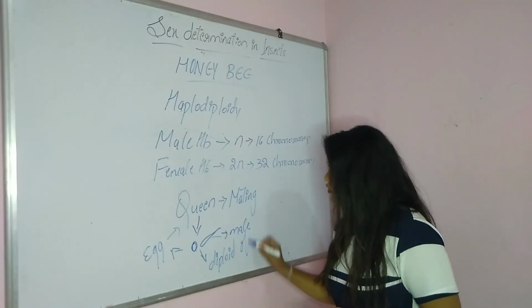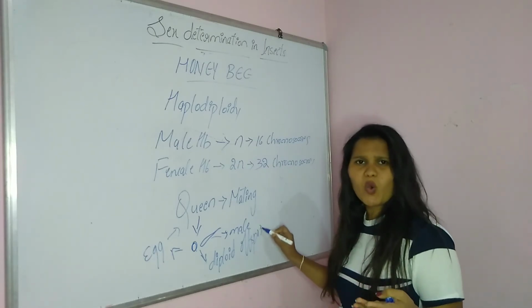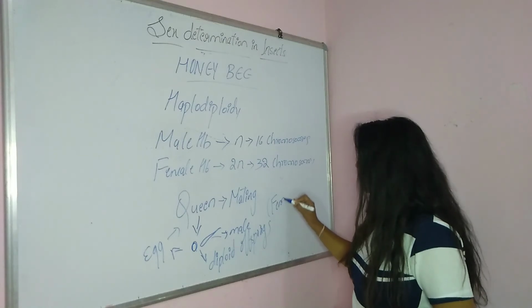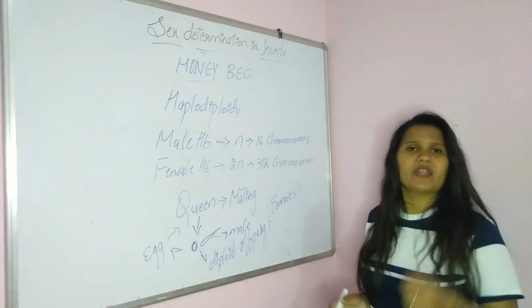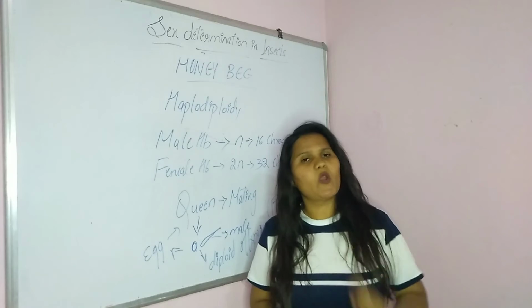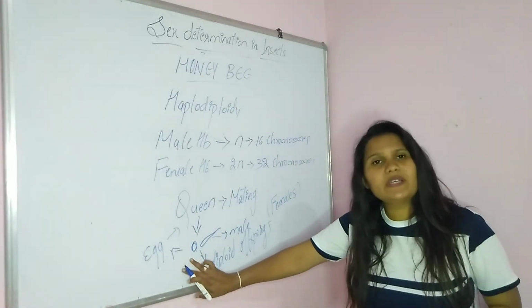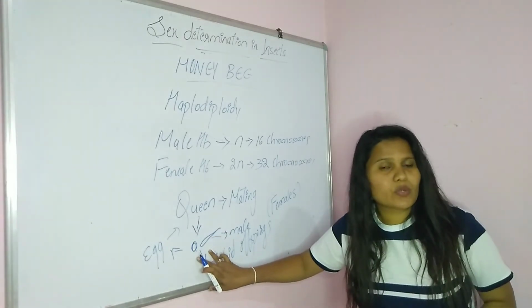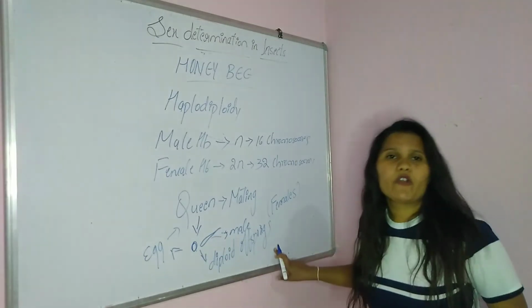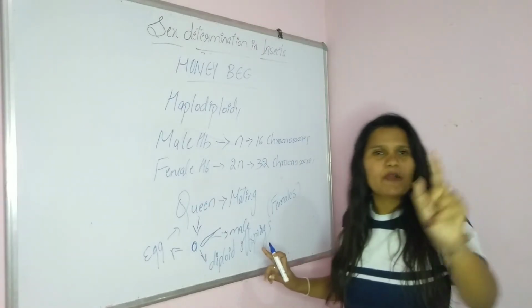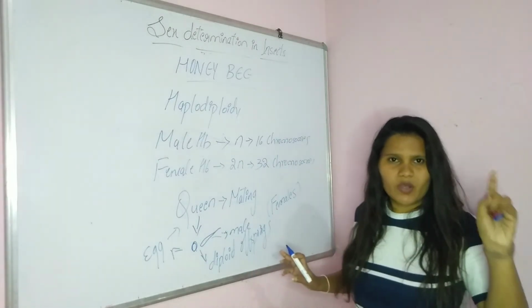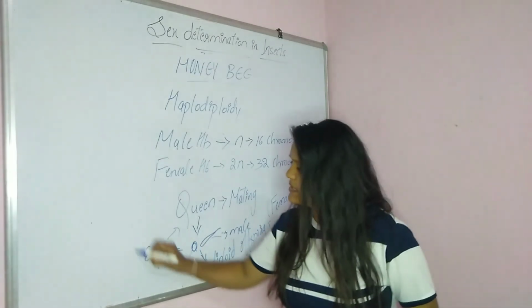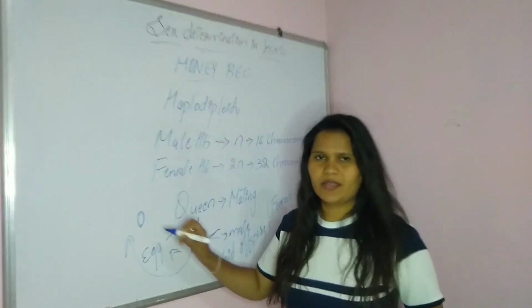So diploid offsprings, in the sense there will be only the production of what? Females, right? Because we know that diploid are the females and haploid are the males. So the fusion of this queen's egg and the male sperm will lead to the production of the diploid offspring, that is only females are produced. Is this clear?